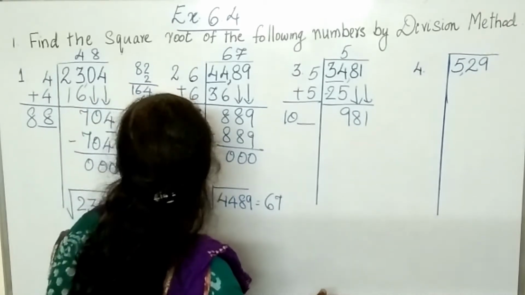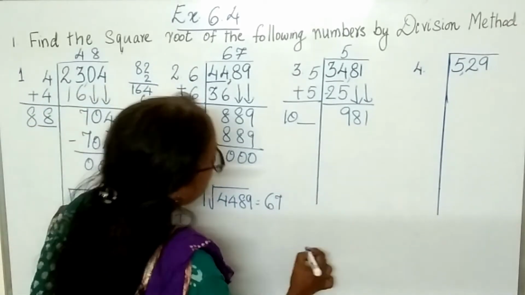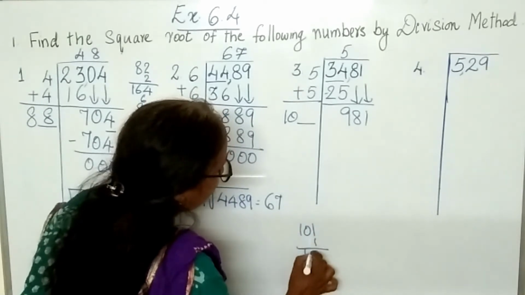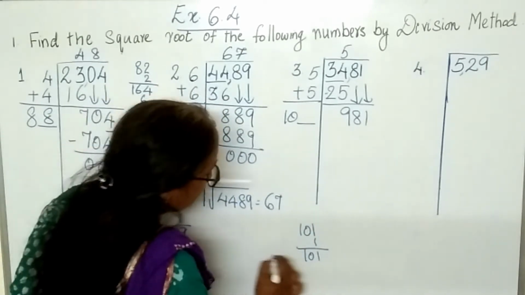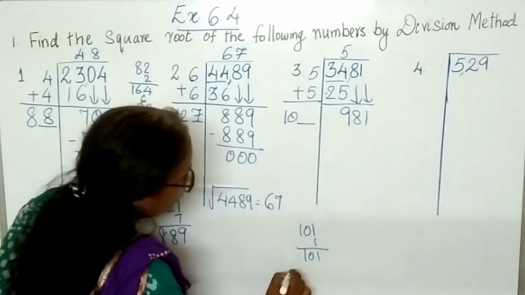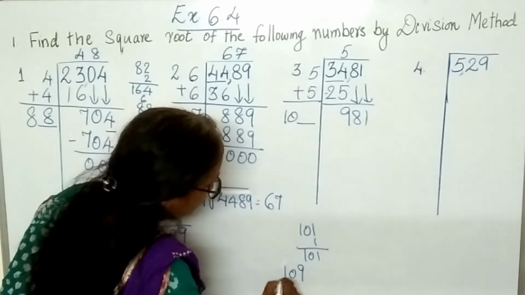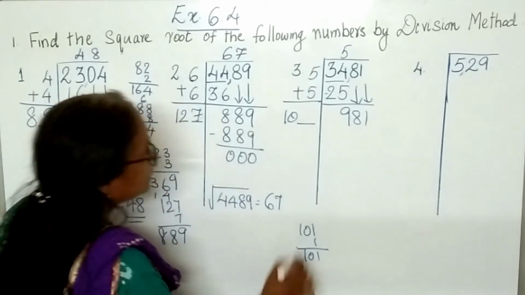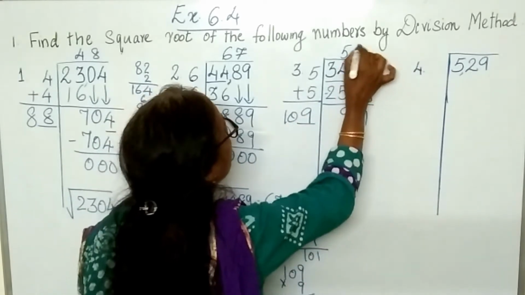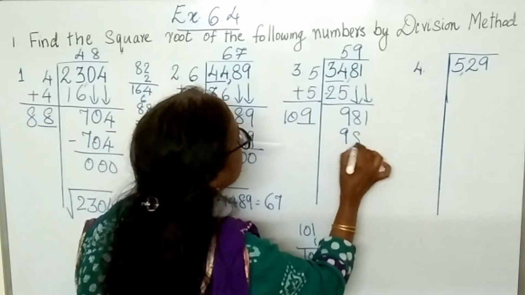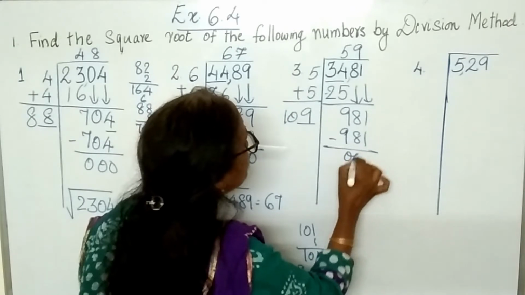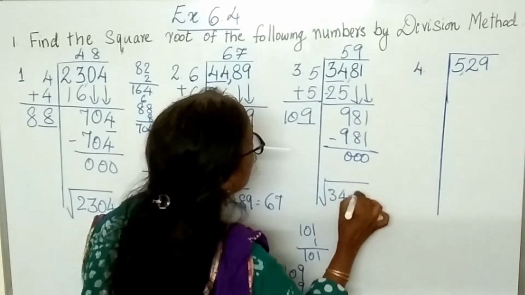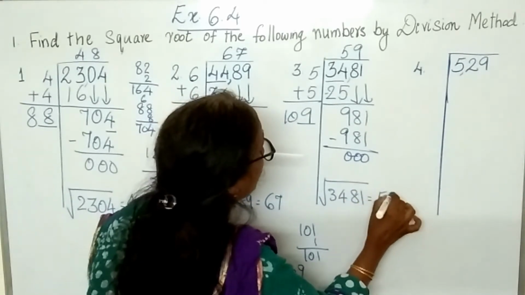So let us try. 101 into 1 will be 101. So we will try with 109 into 9. 9 9s are 81. So here 9, here also 9. Subtract, 0. So the square root of 3481 is 59.